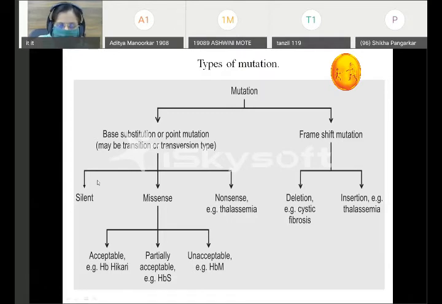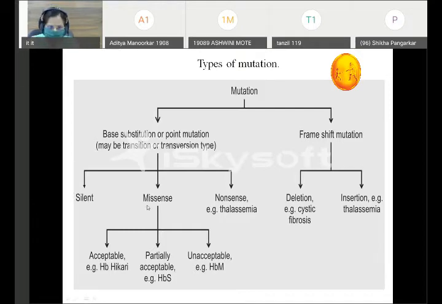Silent mutation means that even if the base is altered, for example the third base, because of the degeneracy of the code the codon may specify the same amino acid, and the mutation may not be identified as such. This mutation is known as silent mutation.